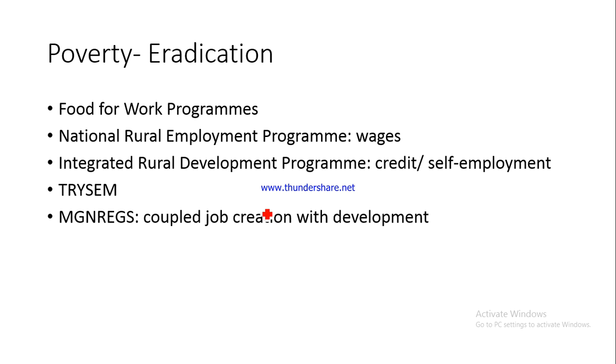Now please understand that this guarantee is not given to individuals but to families. If there are two brothers in a particular family and they want wage employment, the whole family would be provided a maximum of 100 days, which means if both brothers want to work, they can be provided 50 days each.